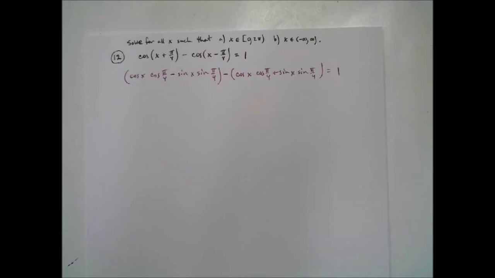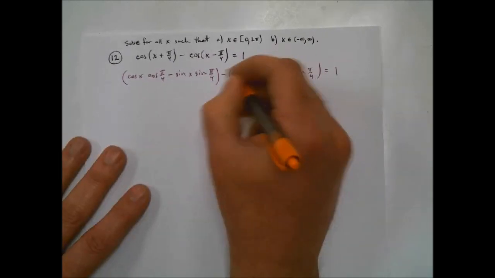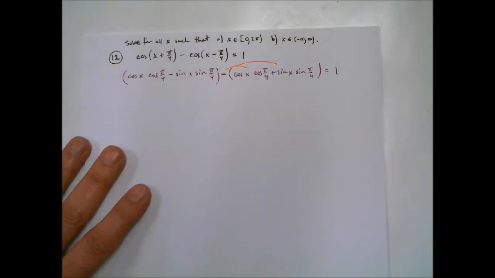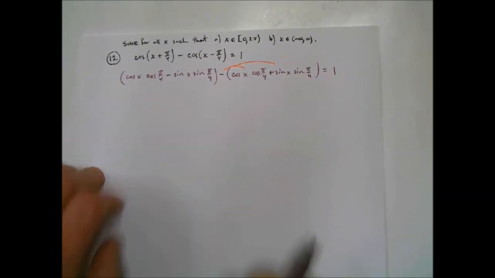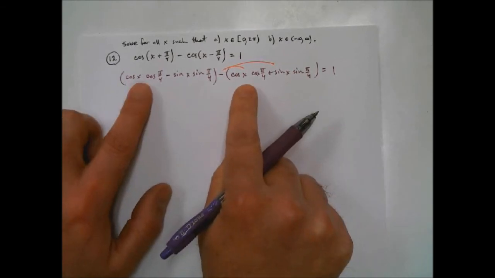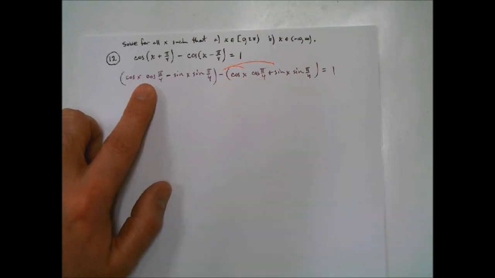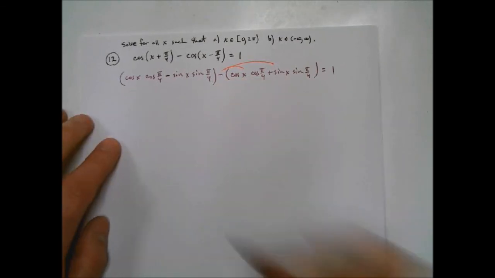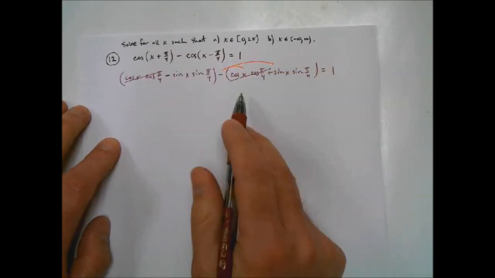Now, if we distribute the negative, what do we notice happens? The cosine x, cosine pi over 4, I've got a positive 1 here on the left, and I will have a negative 1 there on the right. And so those eliminate each other.